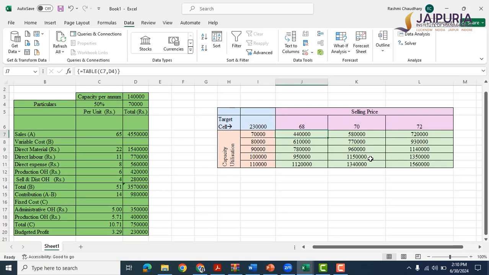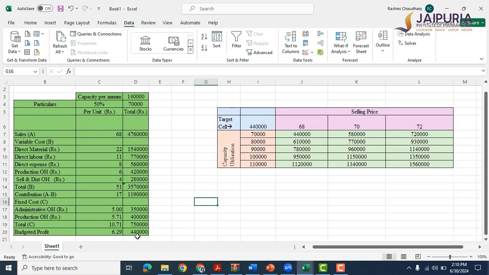So suppose you select this: if you are able to sell 70,000 units and the selling price is 68 rupees, the profitability which you will get is 4,40,000 rupees. You can check, suppose in this table only I make it 68 rupees and 70,000 units being sold.